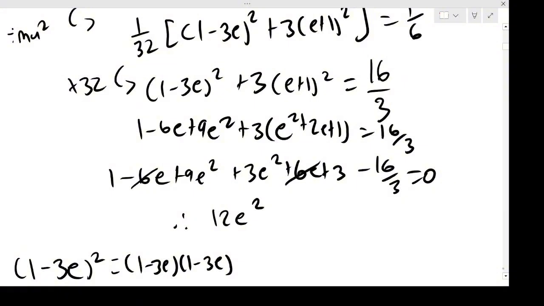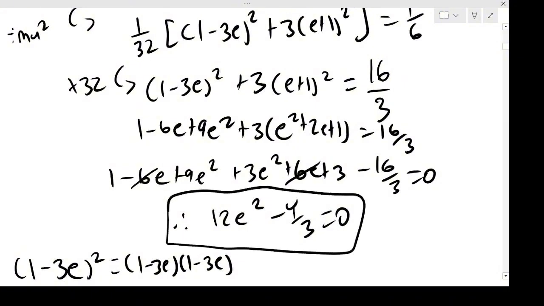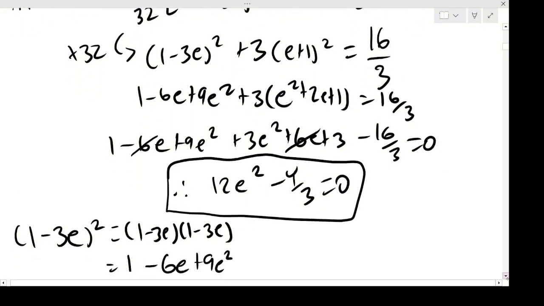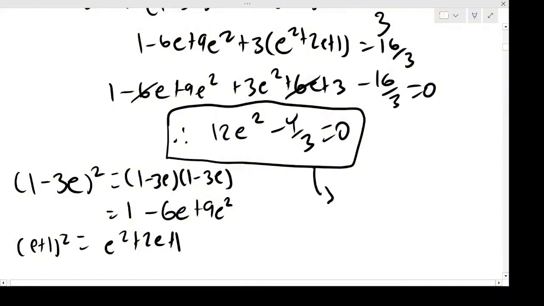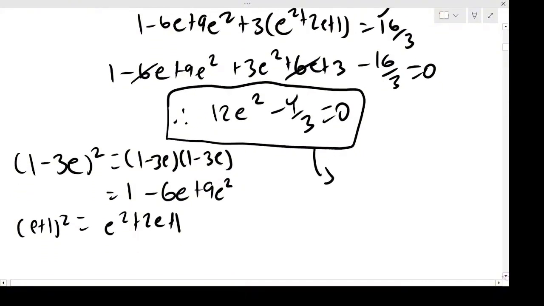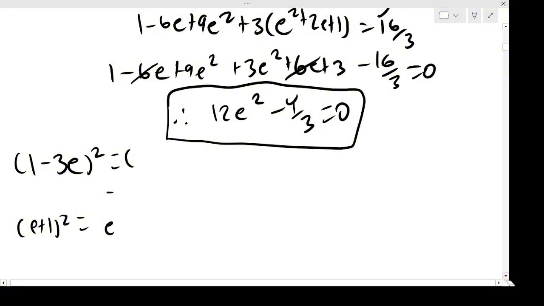Then 1 plus 3 minus 16 over 3 gets me minus 4 over 3, and that's going to equal 0. Hopefully happy with that. Now this is quite nice to solve.